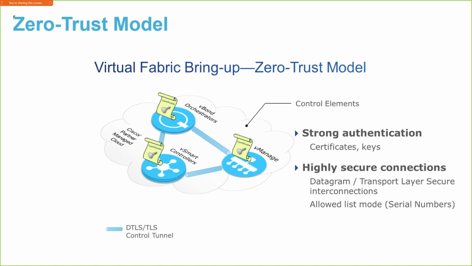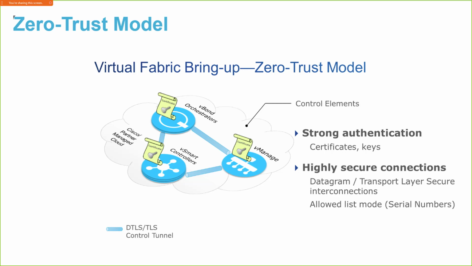So a simpler, faster, more cost-effective method of securing the DIA traffic is to use some sort of cloud-based secure internet gateway, and that becomes our safe on-ramp to the internet. And that's what they mean by the fabric bring-up in this particular case. It provides us that option. So that's in essence what the zero trust security model is.